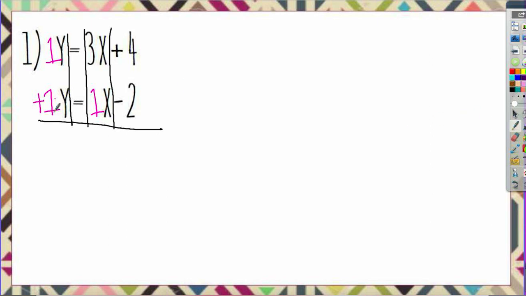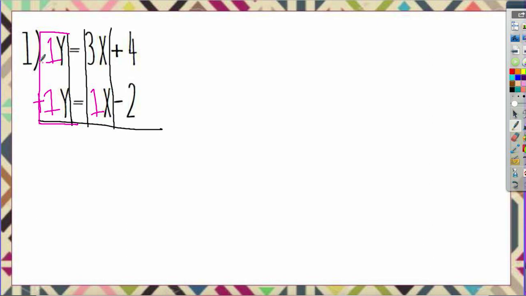You can choose which variable you want to make cancel. If we want to try and make y's cancel, in order to make the y's cancel, one would have to be positive and negative of the same coefficient. Well, they're both 1s, but the problem is that they're both positive.